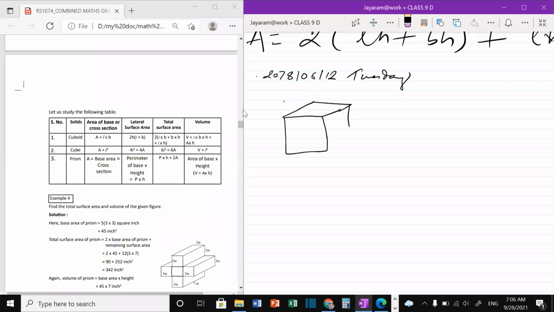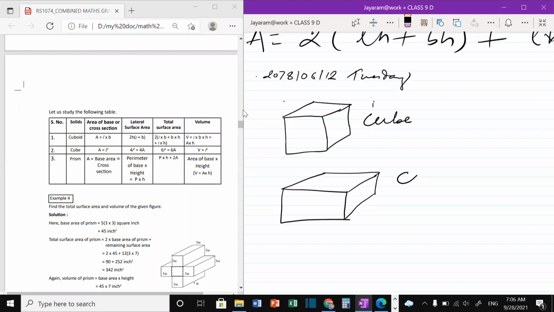Next maybe a cube. The cuboid will be a little bit rectangular, like a loaf of bread. This is cuboid.